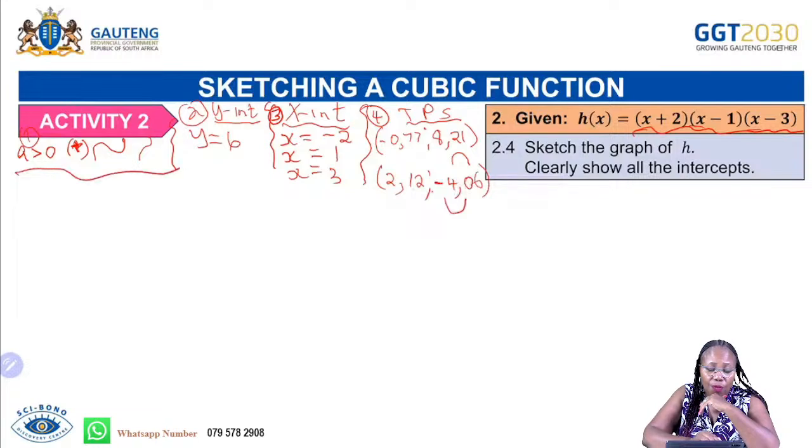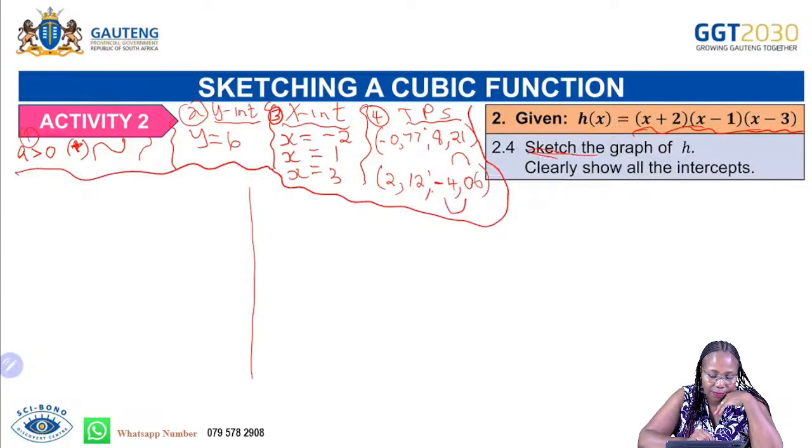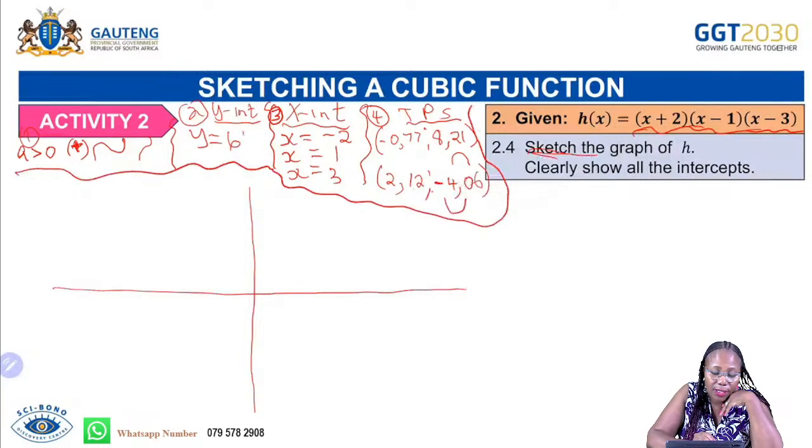And then, grade 12, you have all that you need before you sketch the graph. I can't just go straight to sketching without ensuring that I have all that I need before sketching that particular cubic function. Now we can sketch the graph. We have y equal to 6 there as our y-intercept. And then we have x equal to minus 2 as our first x-intercept.